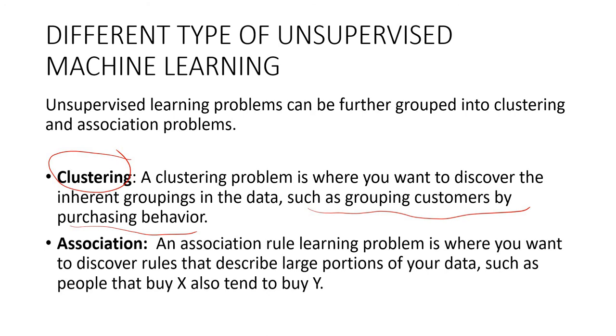An association rule learning problem is where you want to discover rules that describe large portions of your data, such as people that buy X also tend to buy Y. For example, a person who purchases shoes can also purchase socks. That association is determined in this type of unsupervised machine learning.